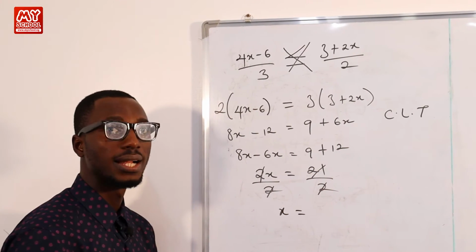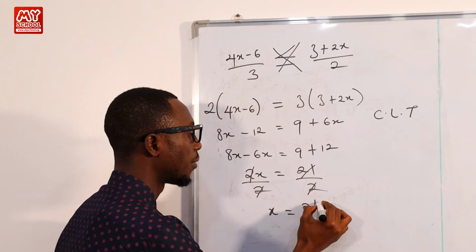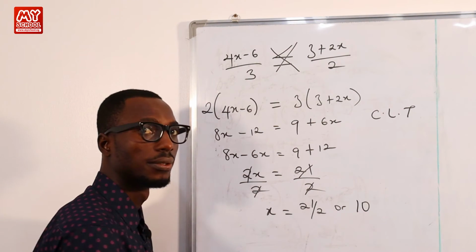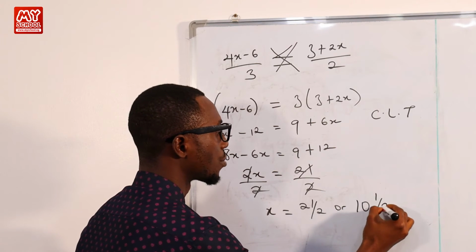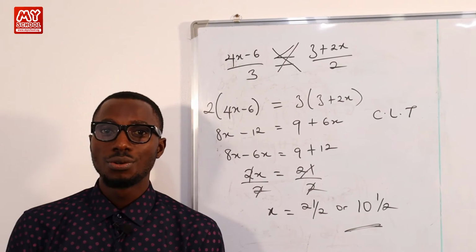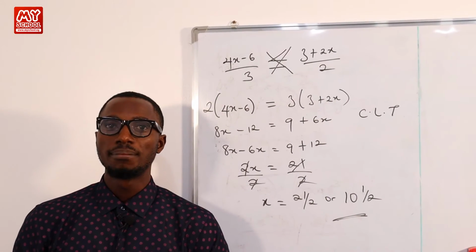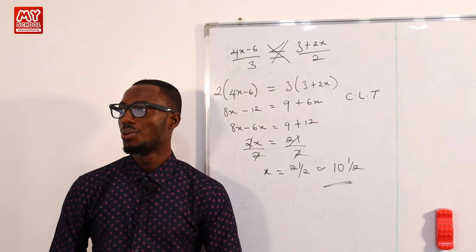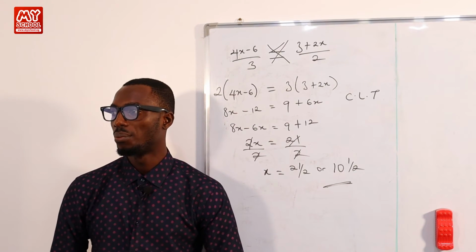So we can leave our answer in this form, 21 over 2, or as 10 whole number, 1 over 2. So let's go through our options and see which of them gives us this. So we have option B.